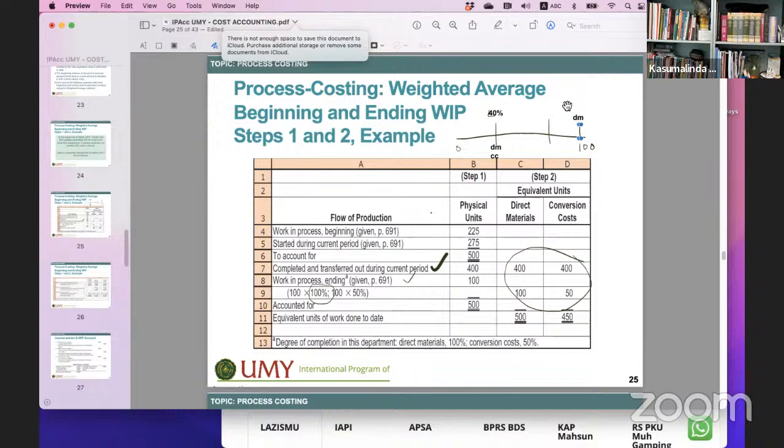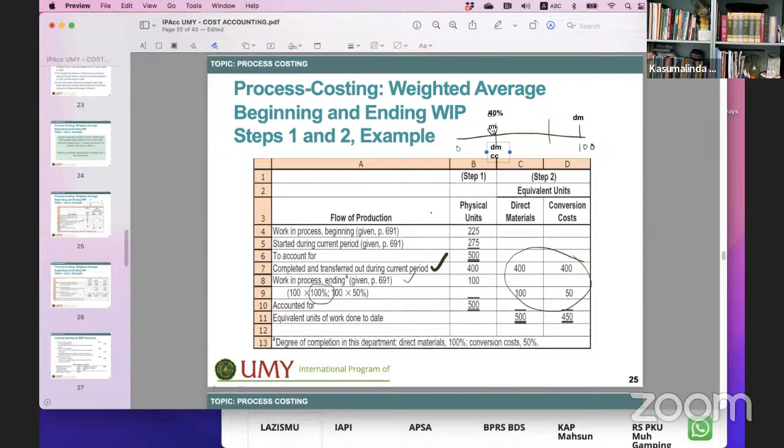Okay, when we reach the end of the month, the process is only 40% complete. Okay, 40% complete here. So the percentage of direct material here is 0%, because at the 40% level, the direct material is not yet added.